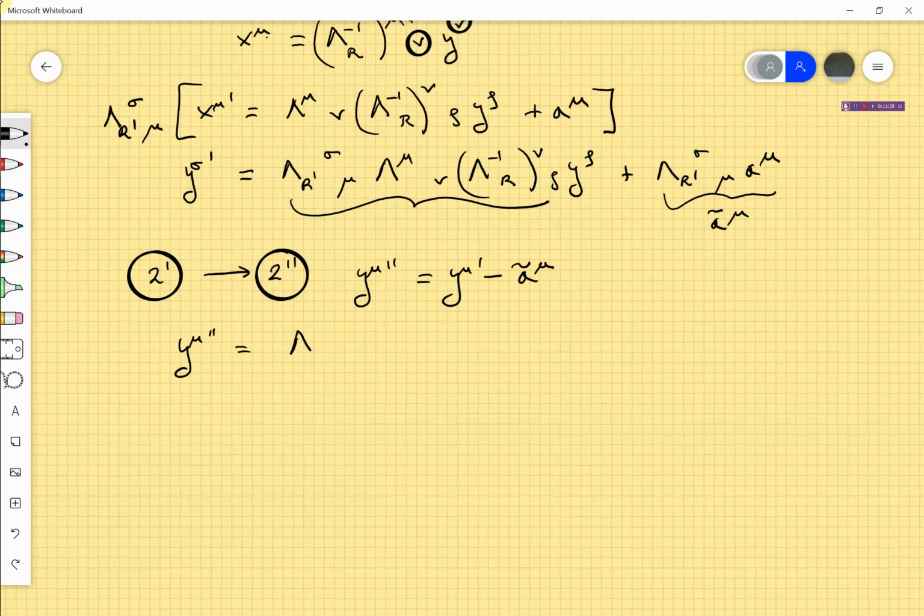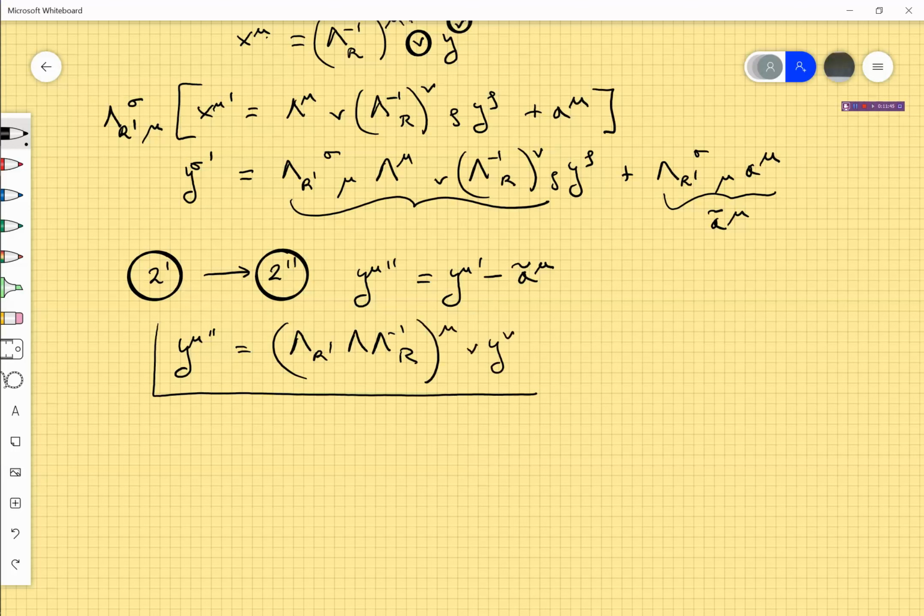Then when you replace this here, what you find is that y mu double prime is this product of lambda r prime lambda minus 1 r. This indicates the product of these three operations. This is what you have here, mu nu y nu, only a homogeneous transformation. As you should expect, when y is 0, these are the coordinates of the origin of the system 1 prime, y mu double prime is 0.